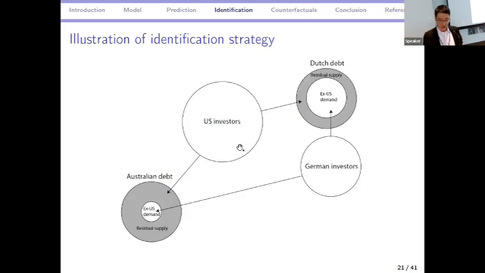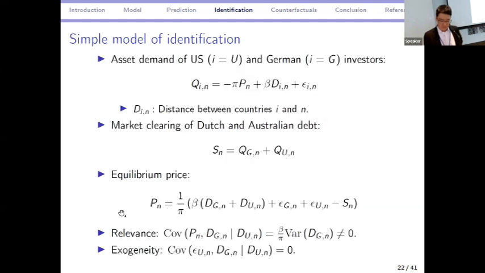Right. So if I go back here, the distance between US investors and these markets enter directly in demand, but the distance between German investors and these two markets are going to be my instrument. Okay. And of course, the exogeneity assumption is that the distance between German investors and those countries doesn't enter US demand directly. Okay, so now we have a proper IV.